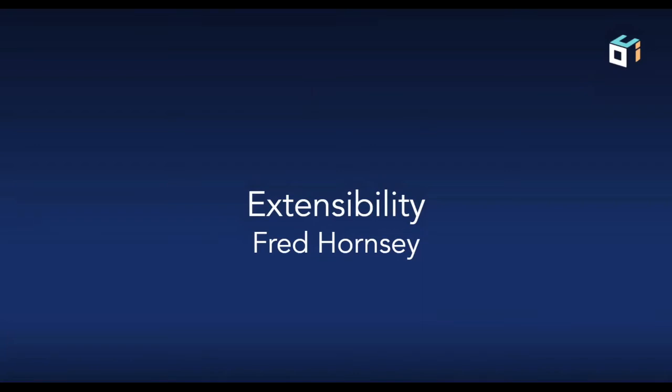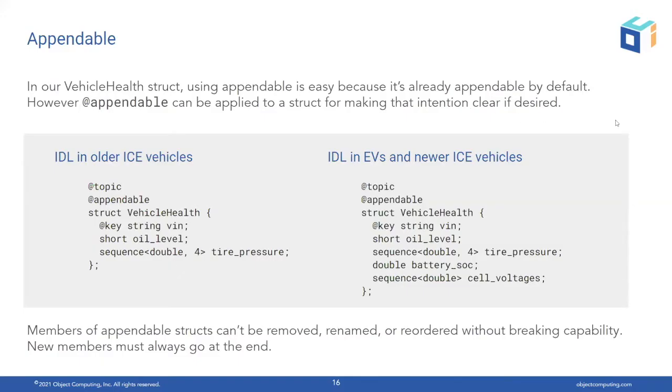Thanks, Mike. So, as Mike was saying, because types can be different in Xtypes, we have to define a way how they can be different. And we do this through what's called the extensibility annotations. The first one is appendable.